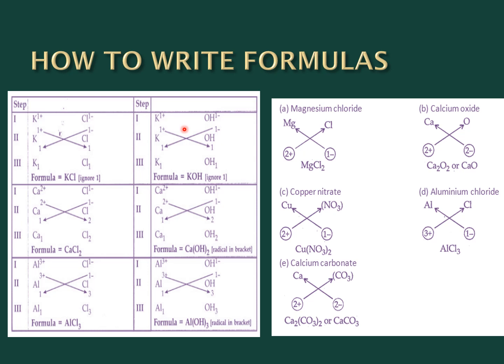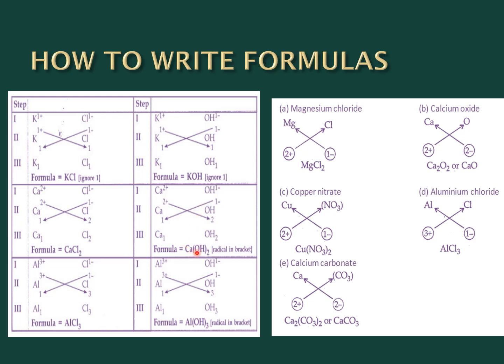Next example, potassium hydroxide. OH is hydroxide. K for potassium, OH for hydroxide. Valency of potassium +1, hydroxide -1. Exchanging, KOH. We can ignore the ones. Calcium hydroxide. Calcium's symbol Ca, hydroxide OH. Valency of calcium is 2, hydroxide is 1.